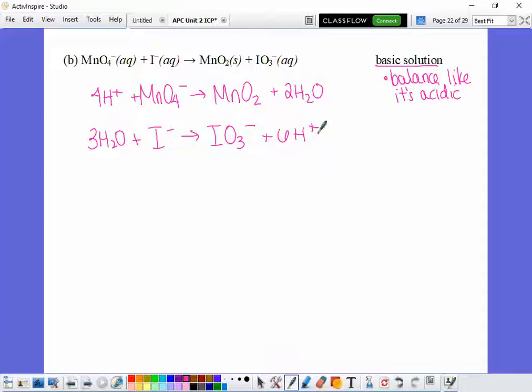All right, and now the charges. We have an overall +3 for this half reaction and a 0 on this side. So we need 3 electrons here to balance out the +3. That means since we added electrons to the left for the first half reaction, we should be adding them to the right for the second half.